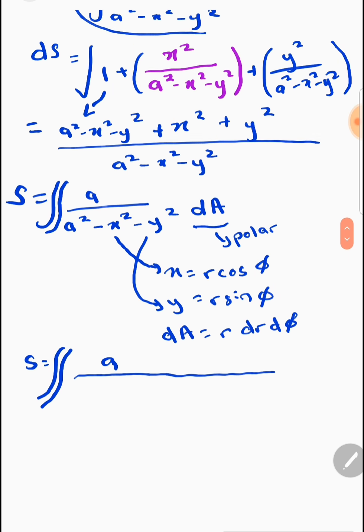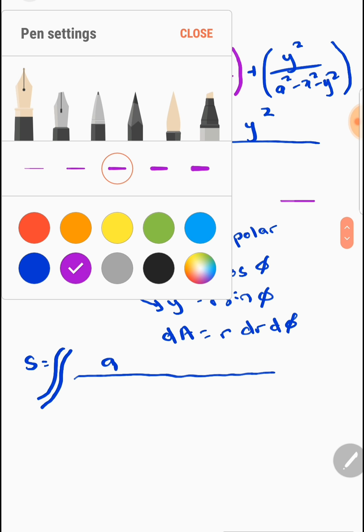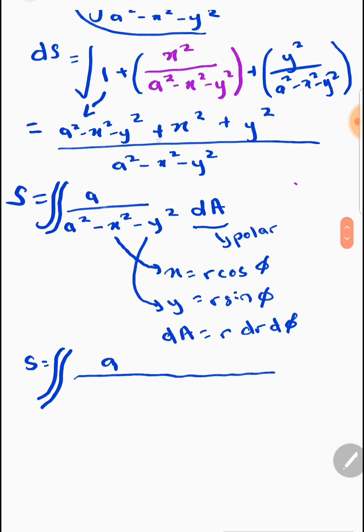Sorry, earlier, remember this part here? This is a over, I forgot the square root. And thank God I just realized. So see that over here, I actually have the square root, right? So in this case, this is a square, so if I take it out, it will be a. I have a square root over here. There you go. Now this is correct.